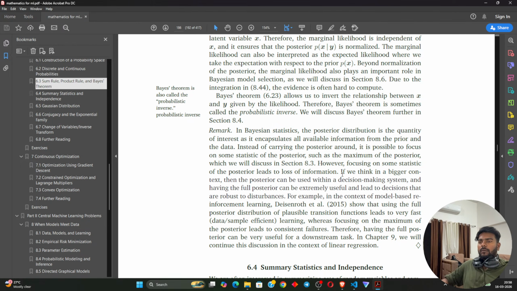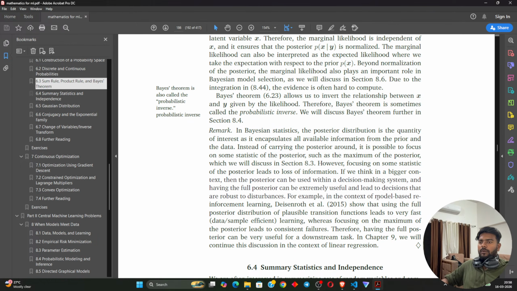If we think in a bigger context, then the posterior can be used within a decision-making system, and having the full posterior can be extremely useful and lead to decisions that are robust to disturbances.